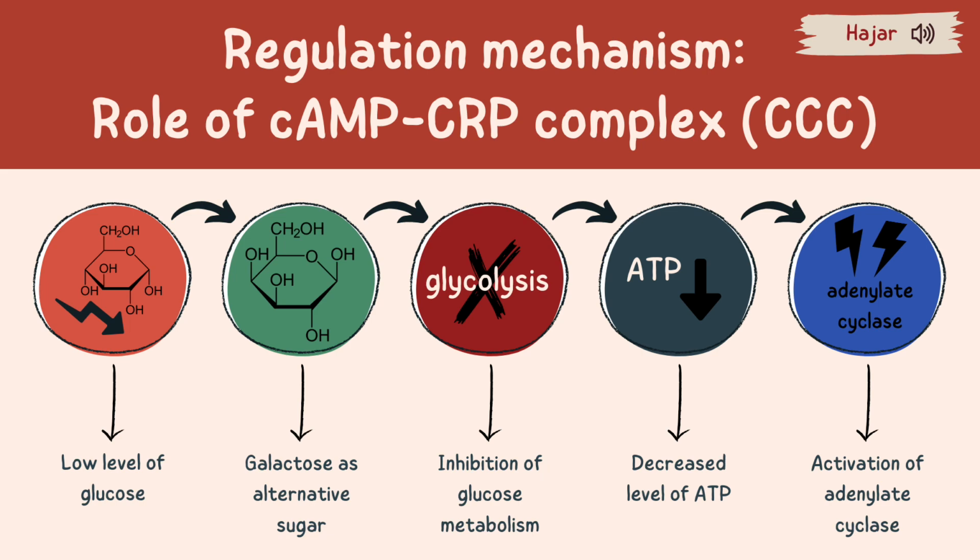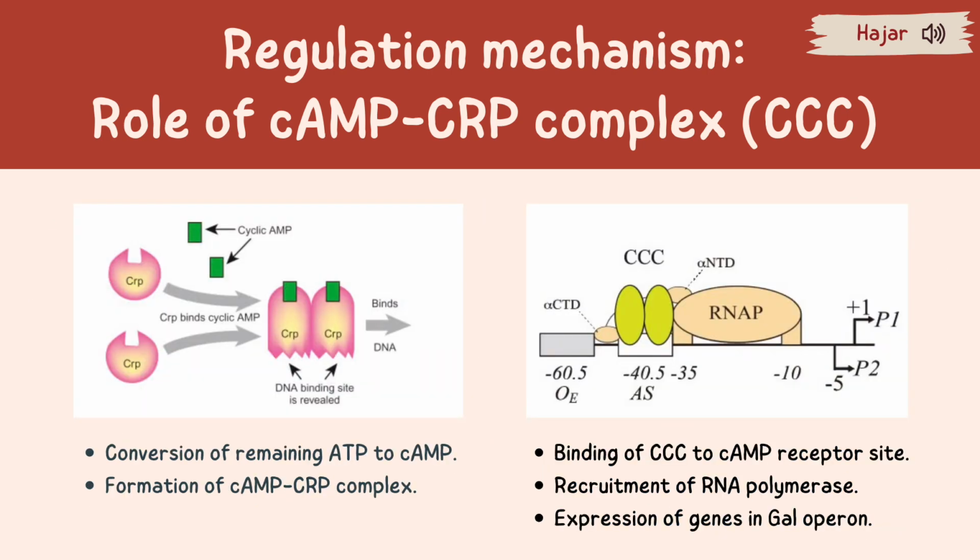One of the alternative sugars includes galactose, which can be converted to glucose via the Leloir pathway. Inhibition of glucose metabolism, which is glycolysis, will lead to decreased levels of intracellular ATP. A decreased level of ATP in the absence of glucose and a high level of galactose will relieve the inhibition of adenylate cyclase, activating it to convert the remaining ATP to cAMP.